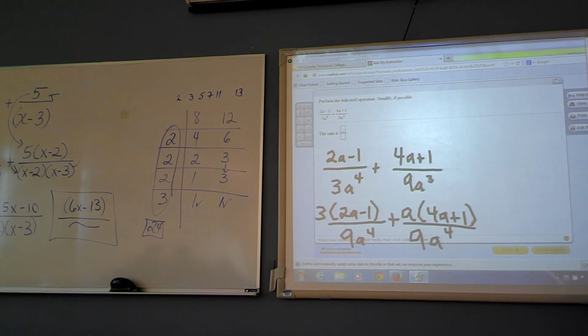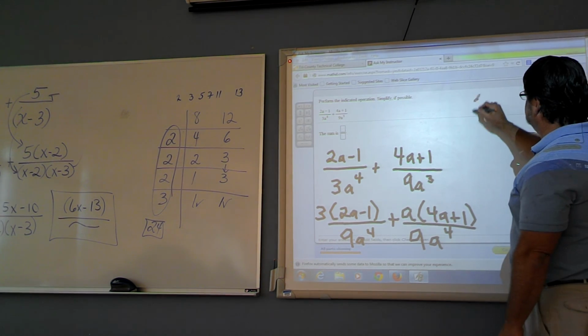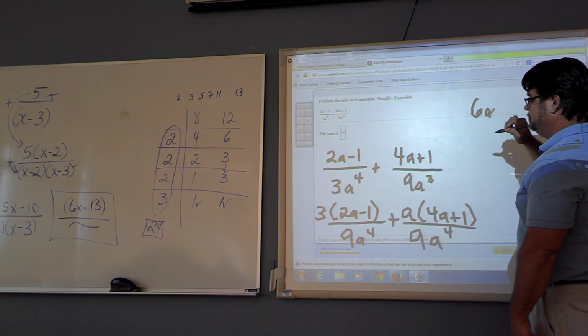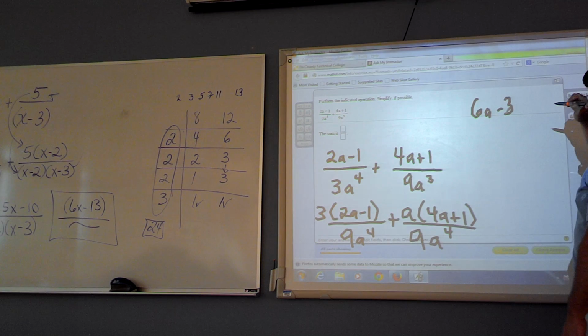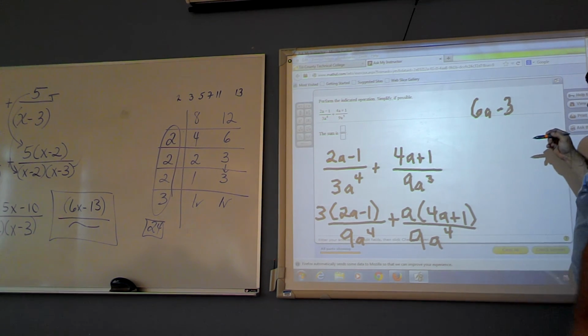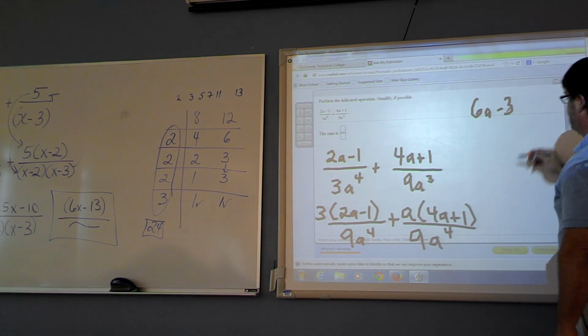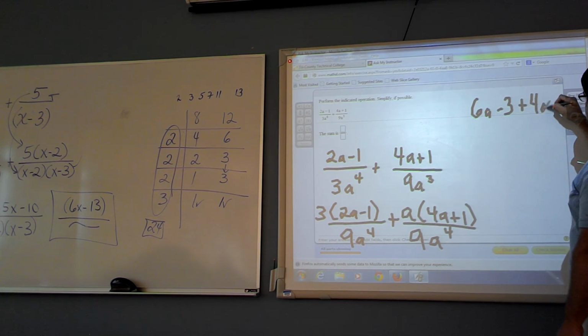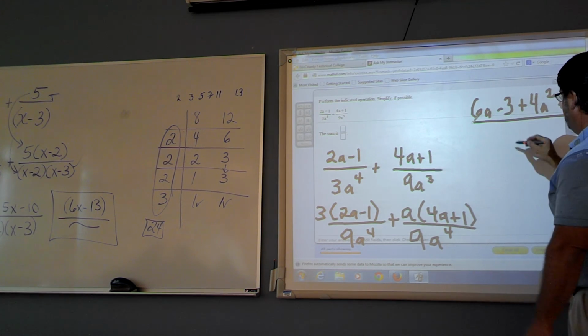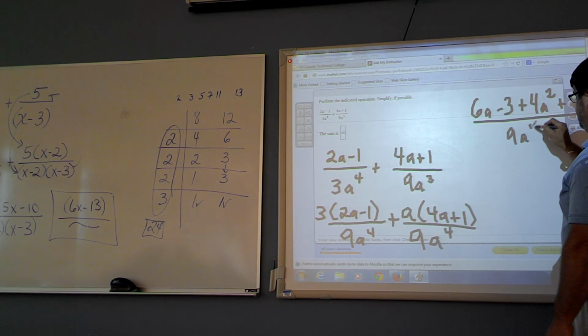All right, what does that give us? It gives us 6a minus 3 over 9a to the 4th, plus 4a squared, plus what? a, over 9a to the 4th.